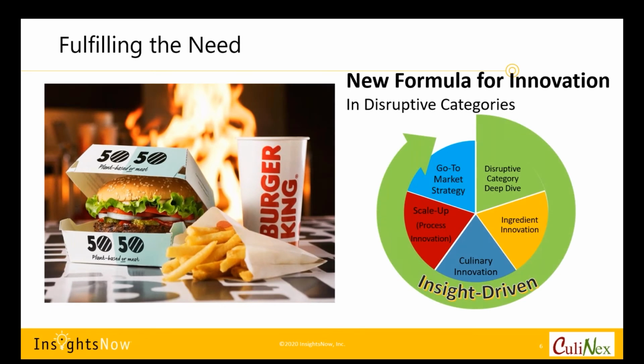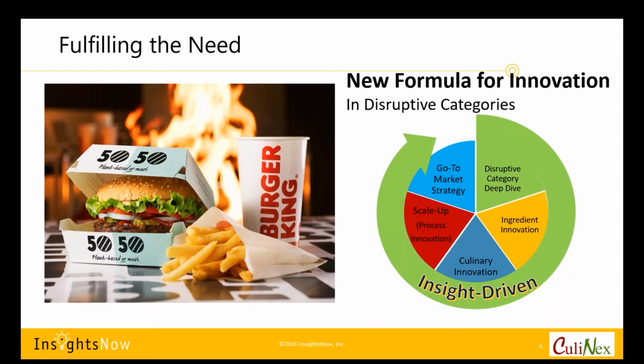So we're fulfilling consumer needs, or needs are being fulfilled in these disruptive categories. What's the formula for innovation? What is it that has to change about the innovation process itself, enabling us to work in these disruptive categories?